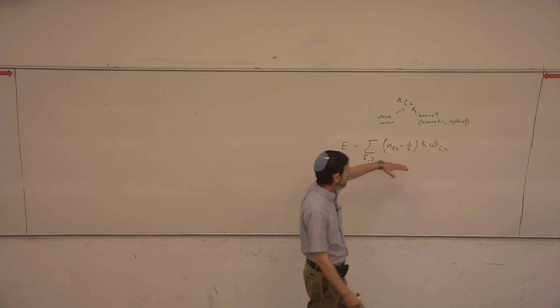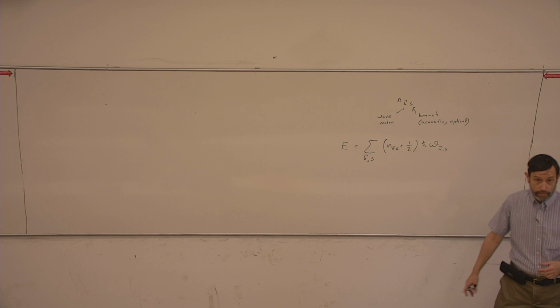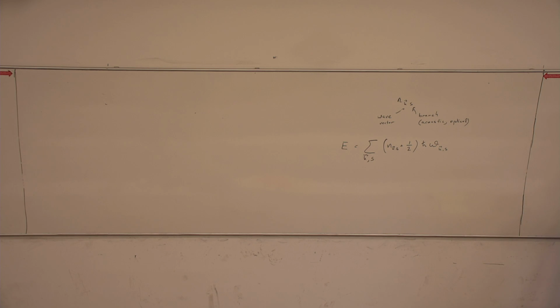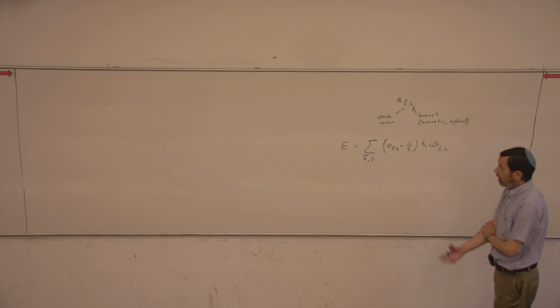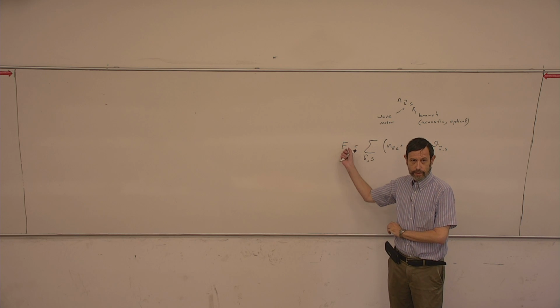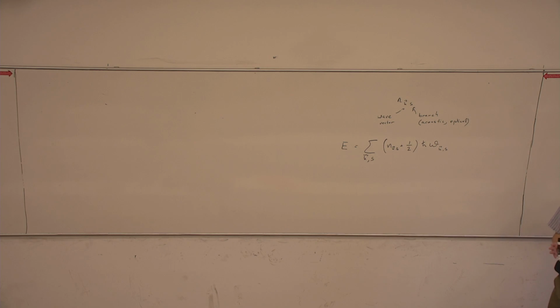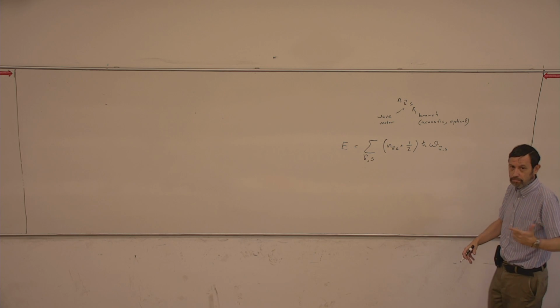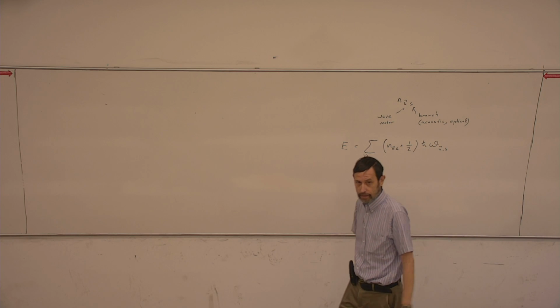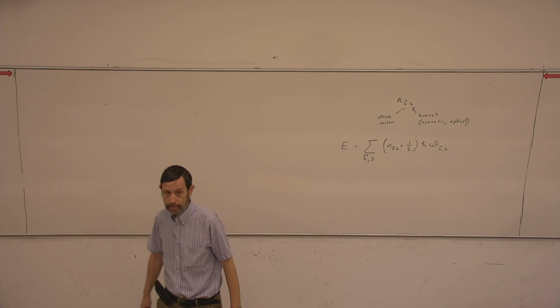It exactly plugs in here. Once I have the spectrum, I can do any statistical mechanics on the system. I know the states, I know their energy. Once I know these two things, I can do everything in statistical mechanics.